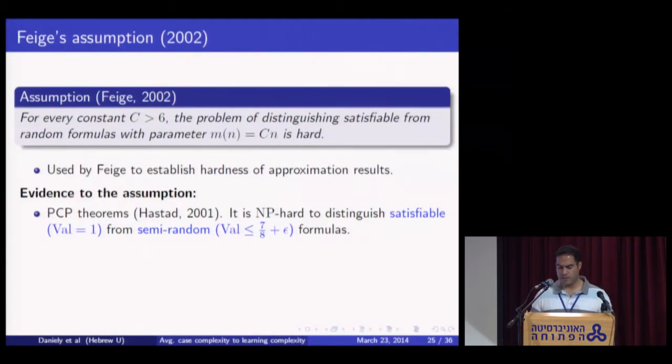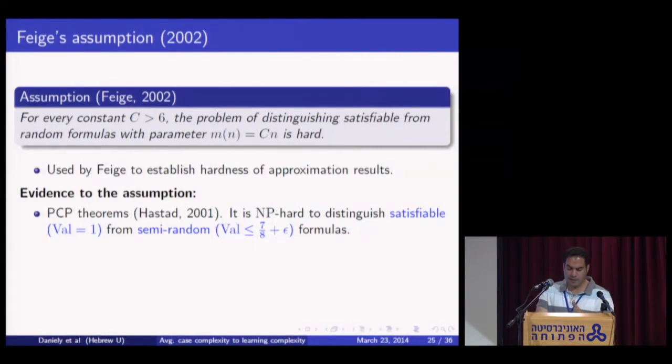One piece of evidence is the PCP theorem of Håstad, which I'll formulate in a non-standard way. It tells us that it is NP-hard to distinguish satisfiable from semi-random formulas. What do I mean by a semi-random formula? It is a formula that is not at all random, but its value is approximately the value of a random formula.